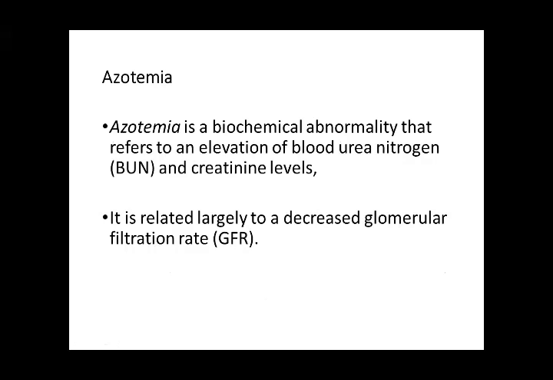What is uremia? If azotemia is raised BUN and creatinine, what is uremia? Uremia is raised BUN and creatinine, and azotemia is raised BUN and creatinine. So what is the difference? The difference is that in uremia, the patient becomes symptomatic.